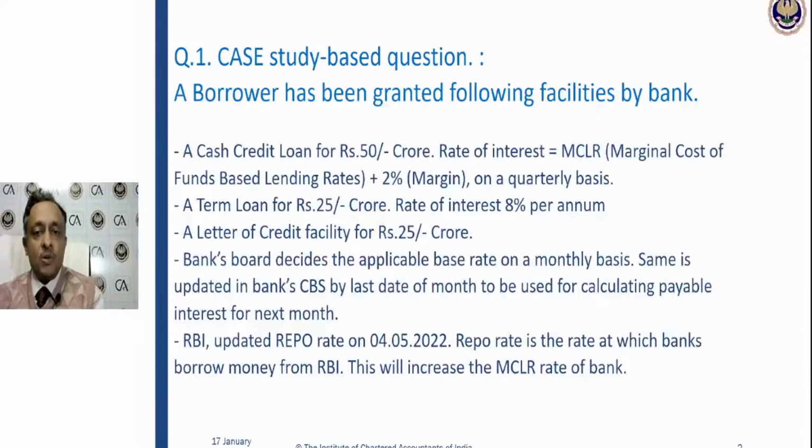Term loan of 25 crores, rate of interest 8% per annum. A letter of credit facility of 25 crores. Bank's board decides the applicable base rate on a monthly basis. So base rate for that marginal lending rate is updated in bank's CBS by the last date of the month, to be used for calculating payable interest in the next month.